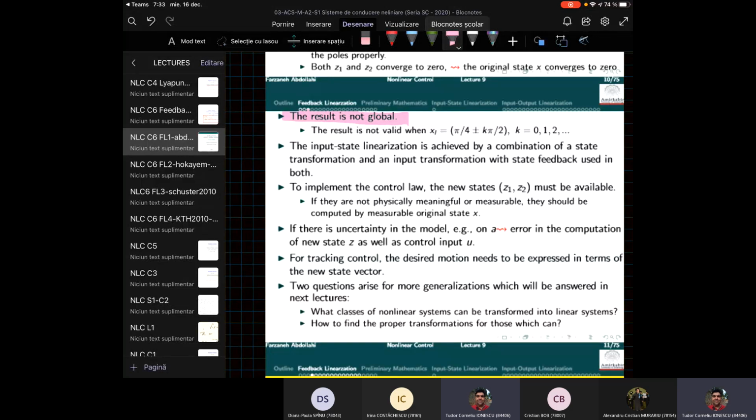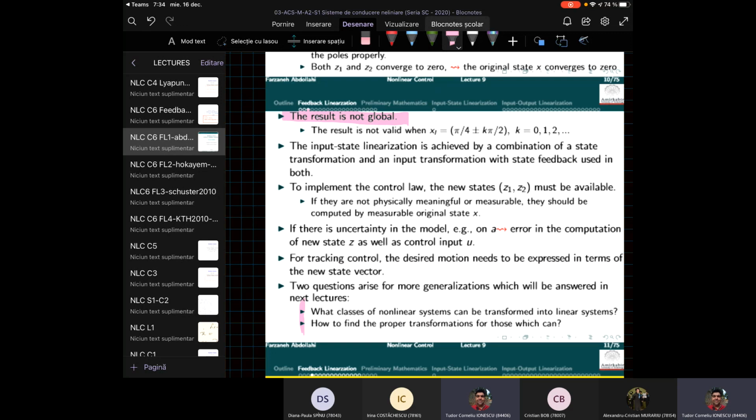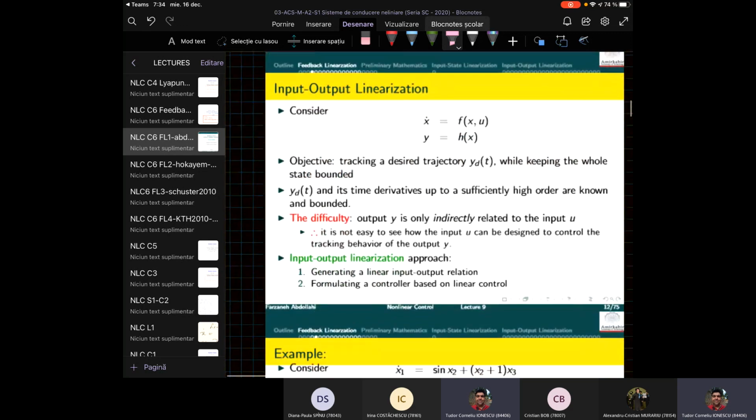What classes of nonlinear systems can achieve feedback linearization? This is a good question. And how do you find the proper transformation? These two questions are the ones the guy is trying to answer later on. So you can do input-output linearization, get a desired trajectory yd while keeping the whole state bounded. Now, how do you do that?